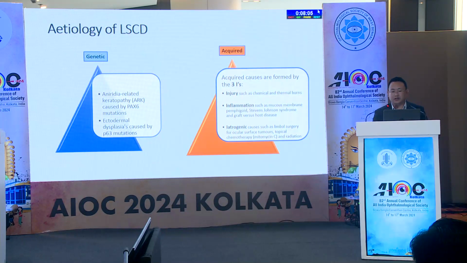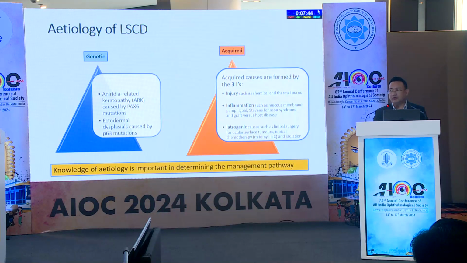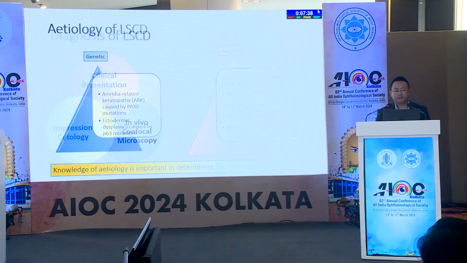And iatrogenic: it can be limbal stem cell loss from ocular surface surgery for ocular surface tumor, or pterygium surgeries, or topical chemotherapy, commonly mitomycin used for ocular surface squamous neoplasia management, and also radiation therapy or plaque brachytherapy. So knowledge of etiology is important in determining the management of limbal stem cell deficiency.